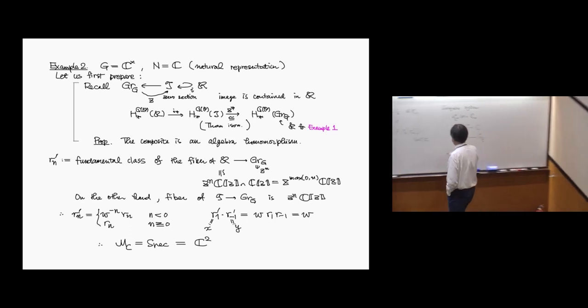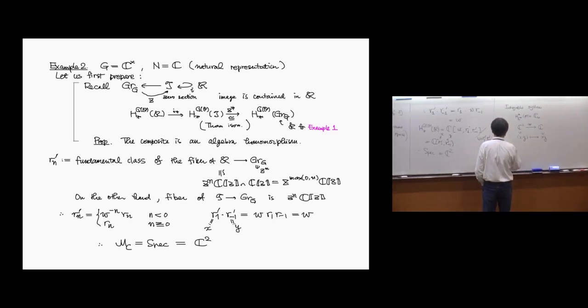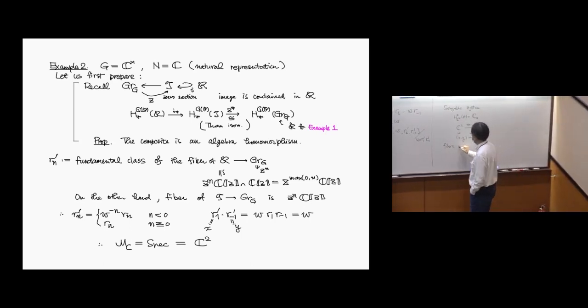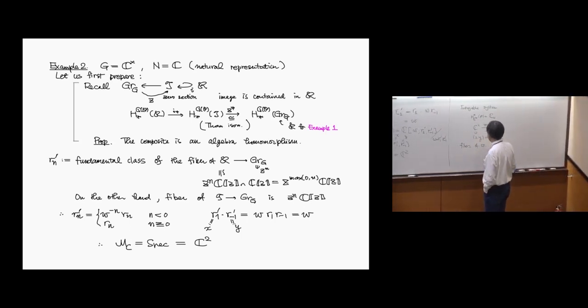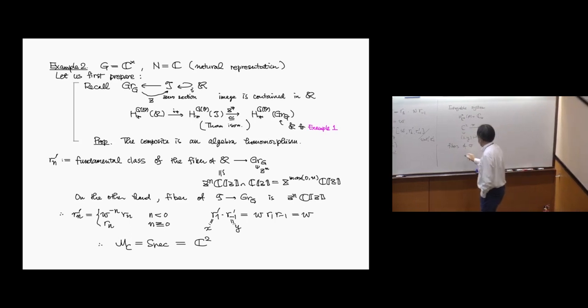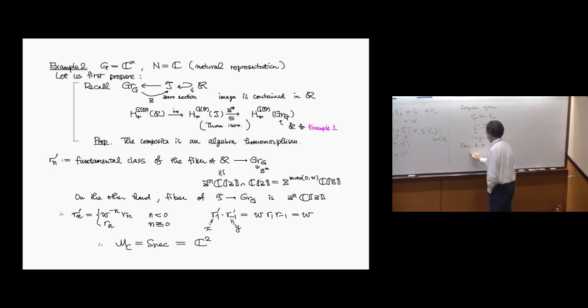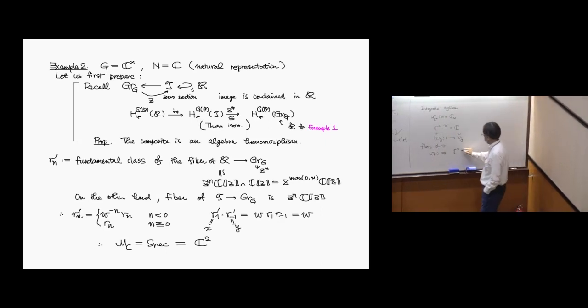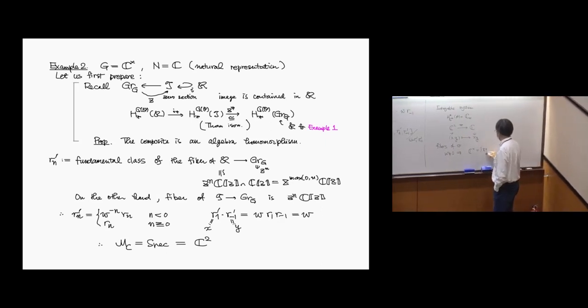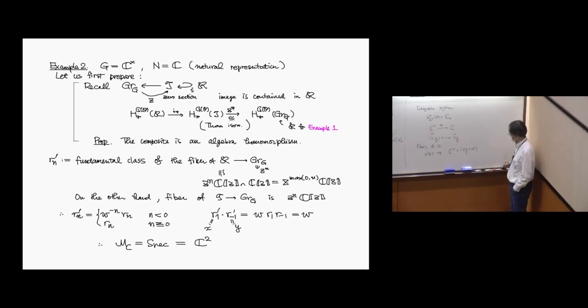And fiber. So in this particular example, you can determine all the fibers. Fine. So if W is not 0, then XY is equal to W, and this is just C star.